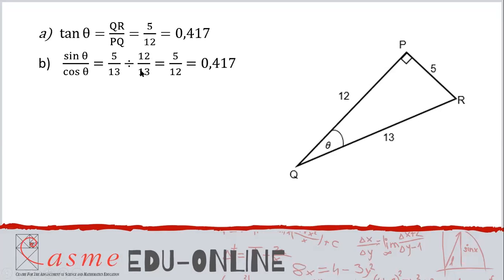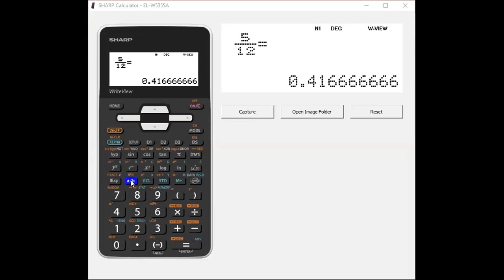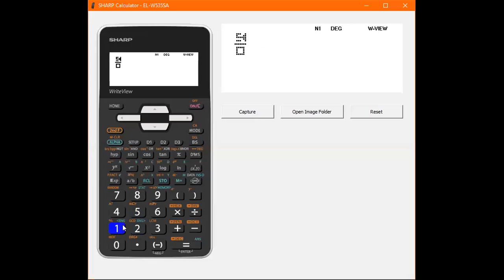And using your calculator, Tal, can you show us again how to do that? Sure, no problem. Here we go. So what we want to do is say 5 over 12, right? Divided by, so you need to get out of your fraction, press your right arrow key, say divided by, and the next one was 13 over 12.